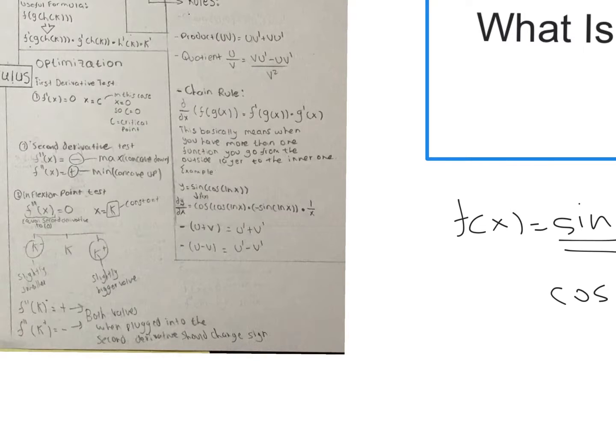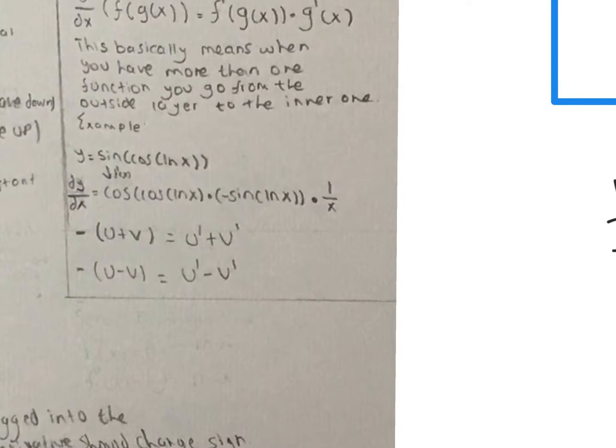It just says that when you have more than one function, so a function that is doing something to another function, you go from the outside layer to the inner one. This is just what we explained, and here I have an exercise that can help us understand it. So sine times cos times ln x is the exercise we did there, and as you can see, this is our result.